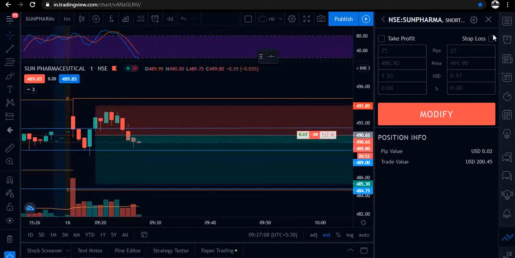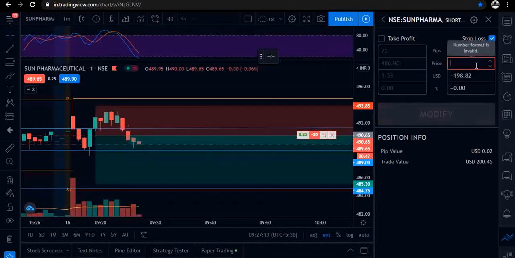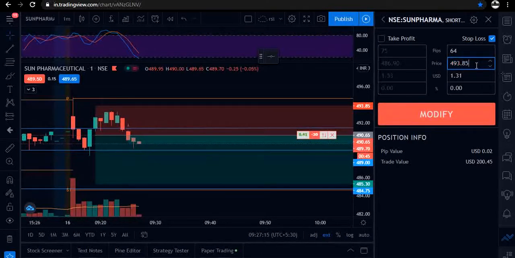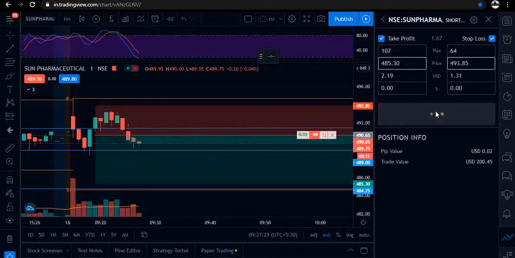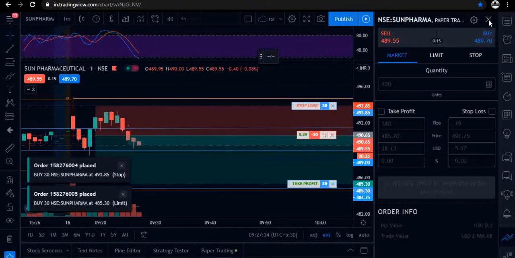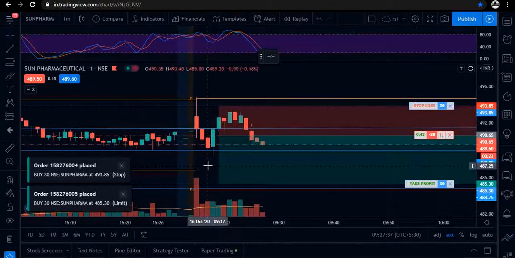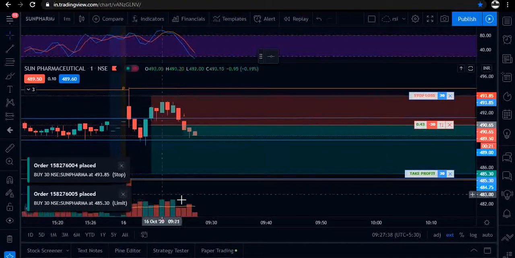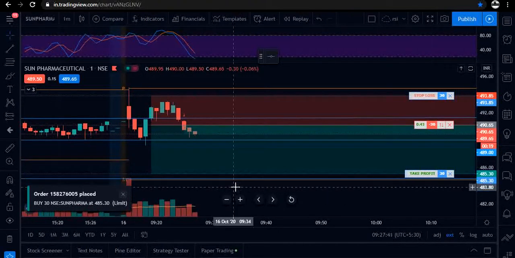Our stop loss is 493.85 and our target is 485.30. Okay, so we have sent our order and it has been placed. Here you can see, traders, this is our target and this is our stop loss.